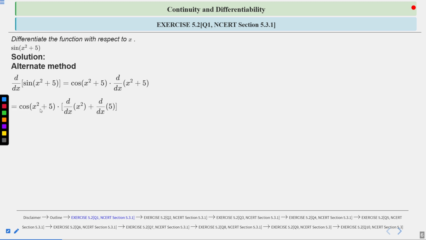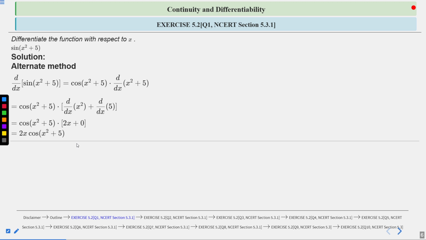Now the differentiation of d upon dx of x square plus 5 will be equal to d upon dx of x square plus d upon dx of 5, right? Clear? Which will be equal to cos of x square plus 5 into 2x, okay? So the final answer will be 2x into cos of x square plus 5, okay?